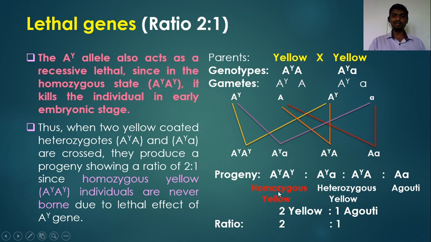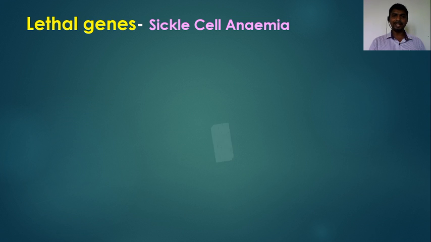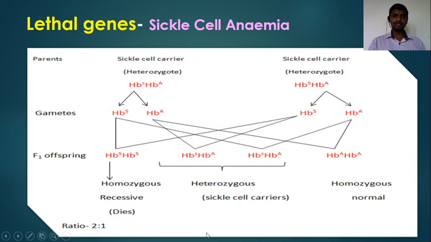The death occurs due to the homozygous allele AY, AY. Similar is the case here in sickle cell anemia inheritance. This homozygous recessive is not able to survive, because it possesses both sickle hemoglobin alleles, HbS.